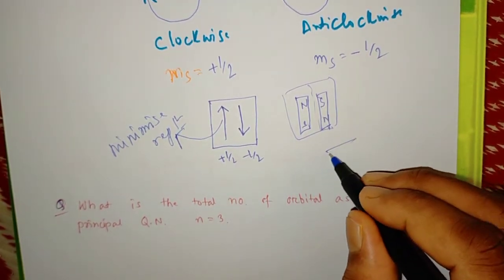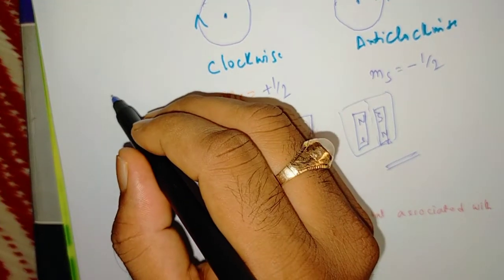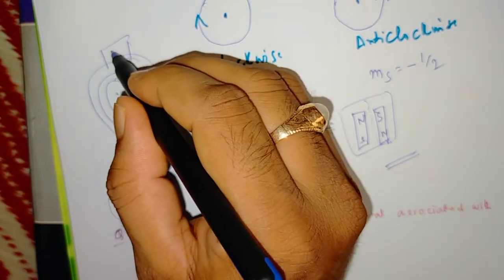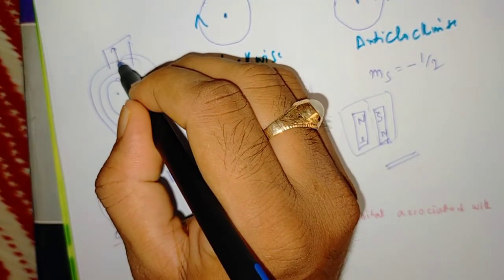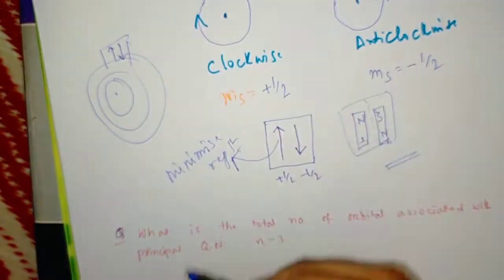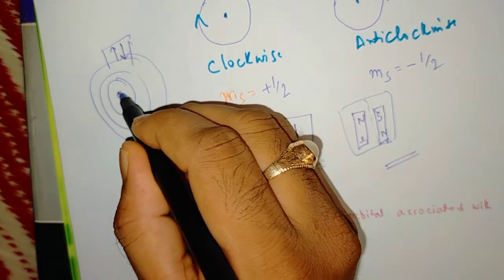So now, in the third shell, if there are two electrons, if one electron is in the upward spin, another electron must be in the downward spin. This is the knowledge that the spin quantum number gives you.